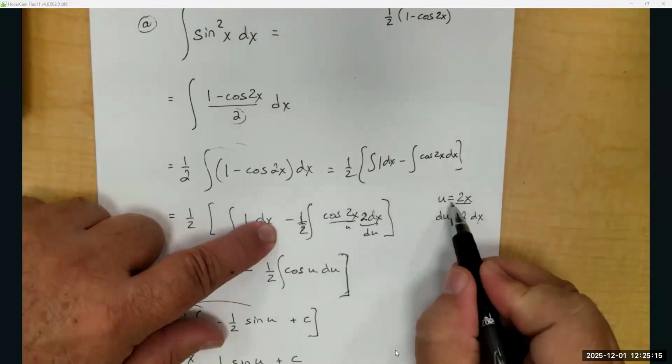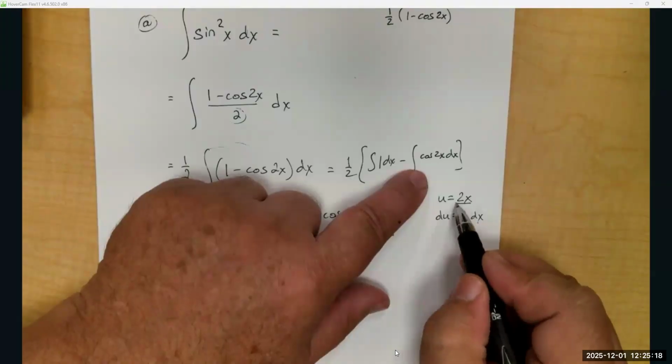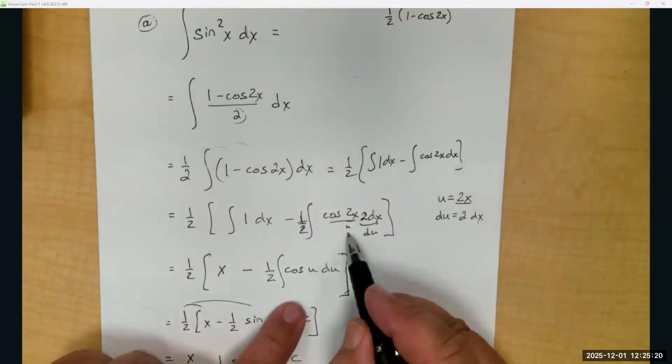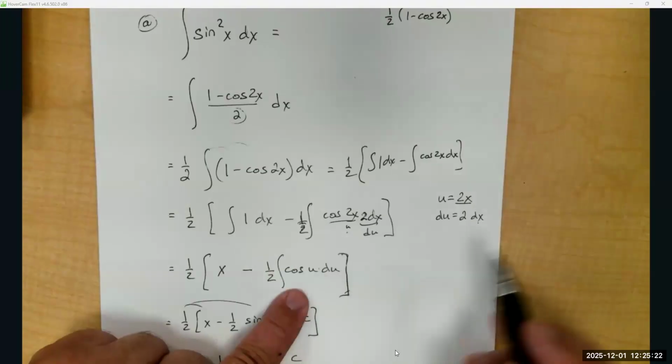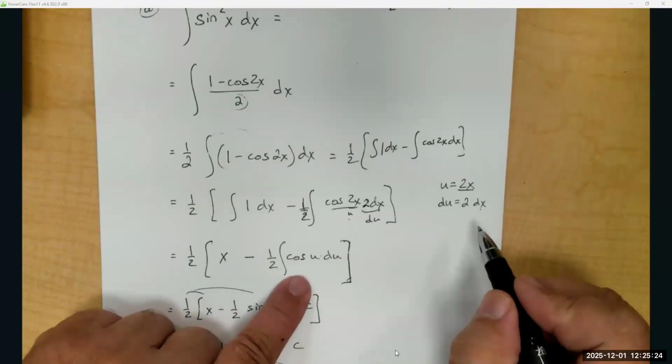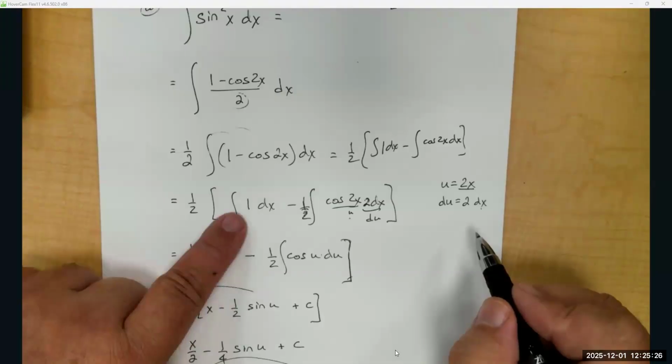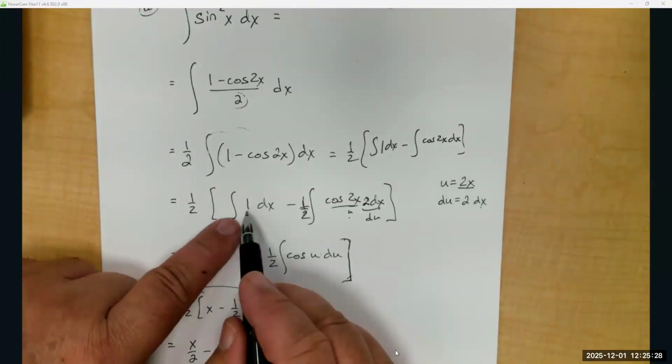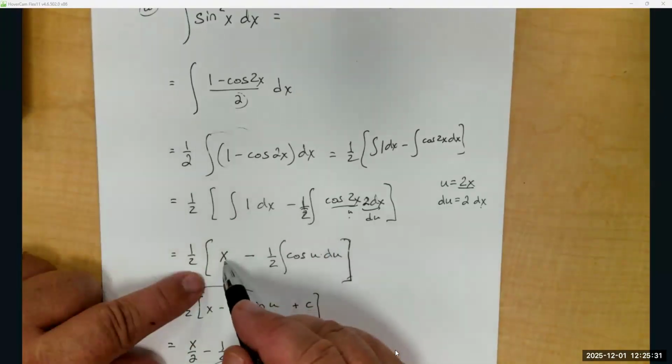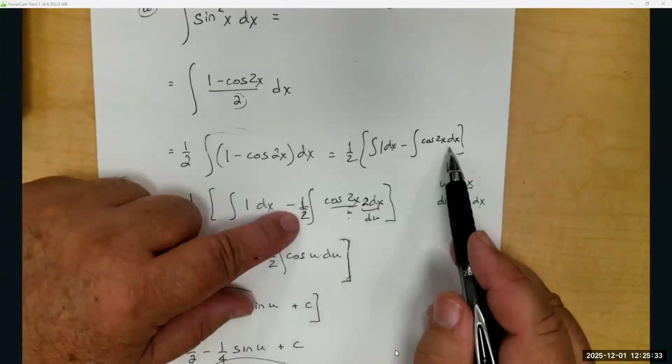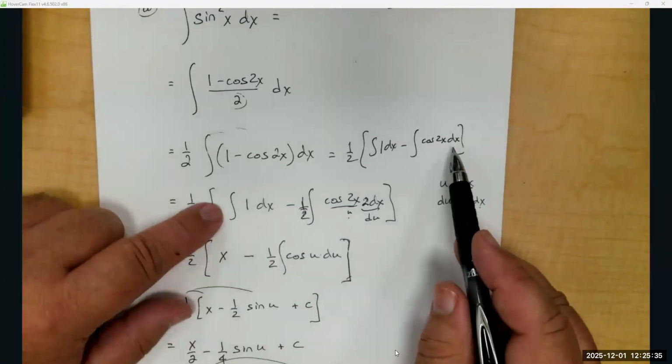Now I convert it with respect to u, and that's what I'm doing here. I went from here to here. We don't need to convert the 1 dx with respect to u, because its integral of 1 is just x. This one needed to be because it's the chain rule. This one's just a regular rule.